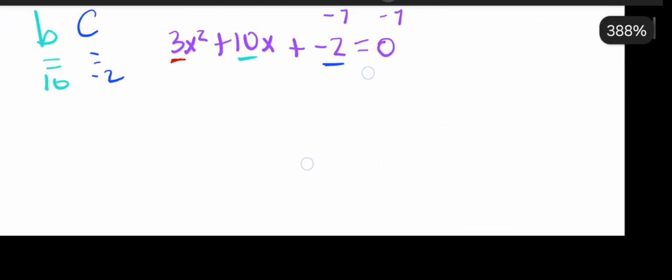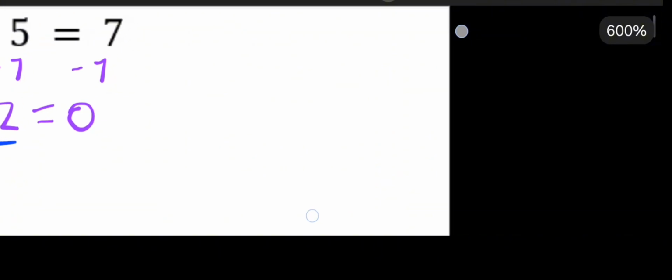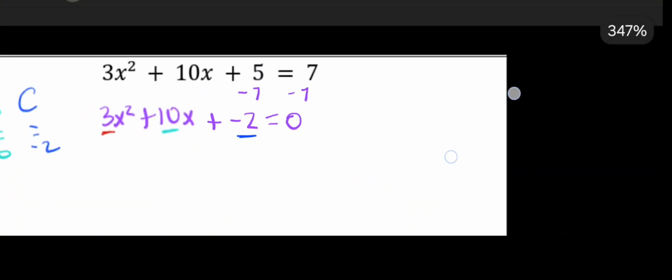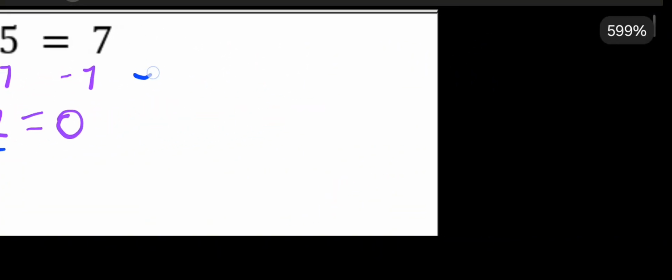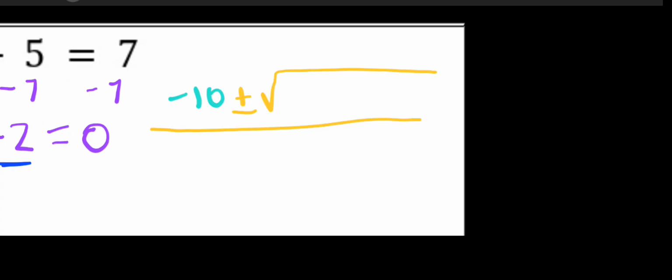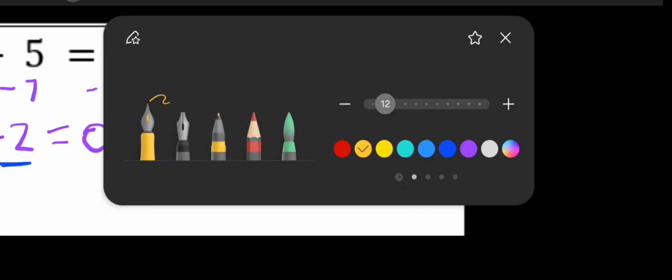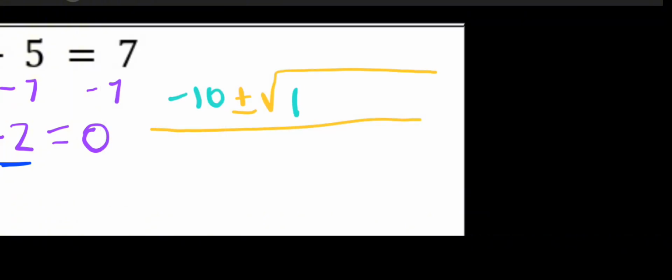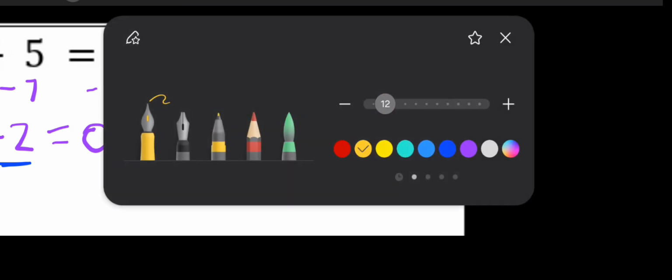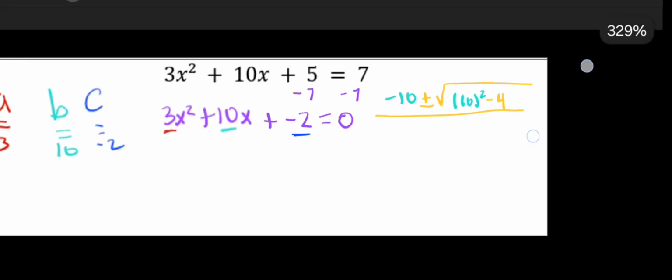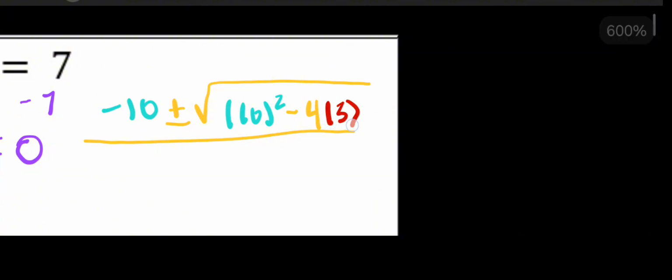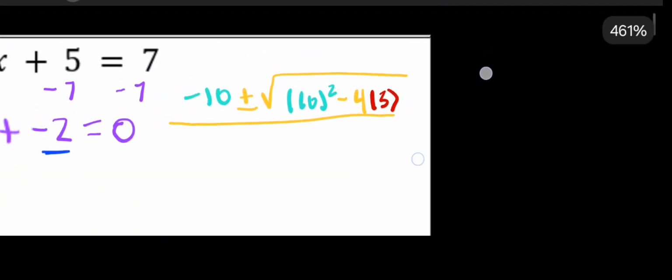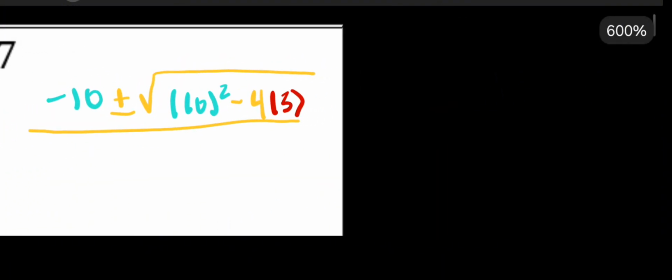Let's plug that all in. b was 10, so it'll be negative 10 plus or minus, then we're going to have b squared, so that's 10 squared, minus 4, that 4 just stays there, a, which is 3, and c, which is negative 2.